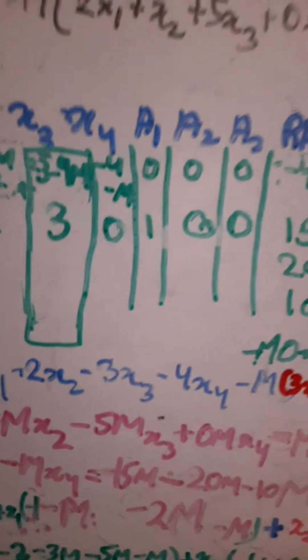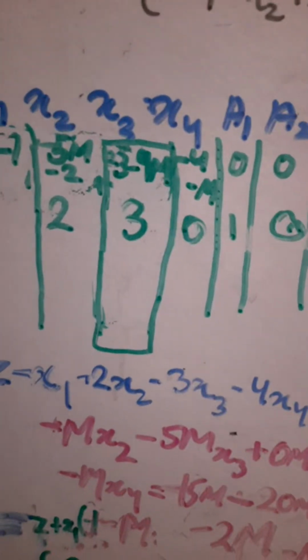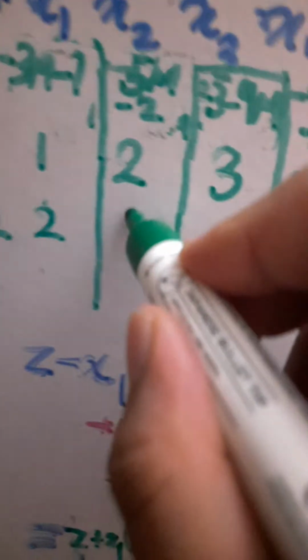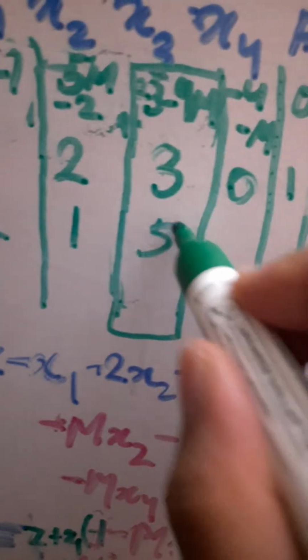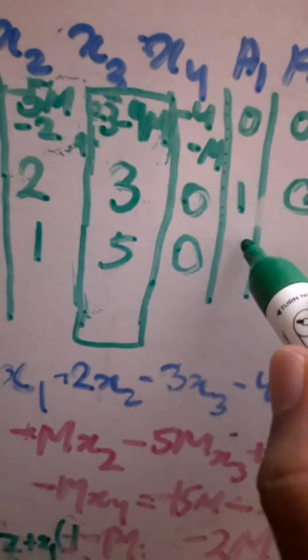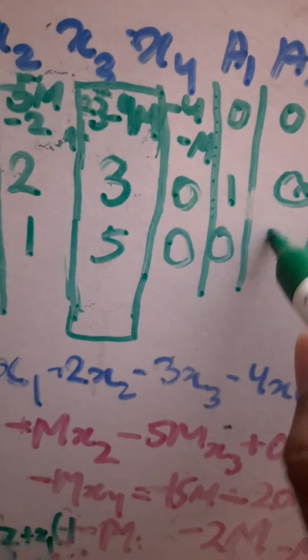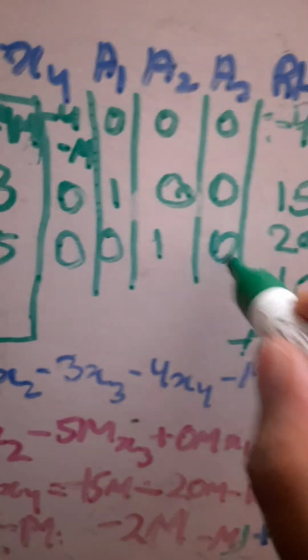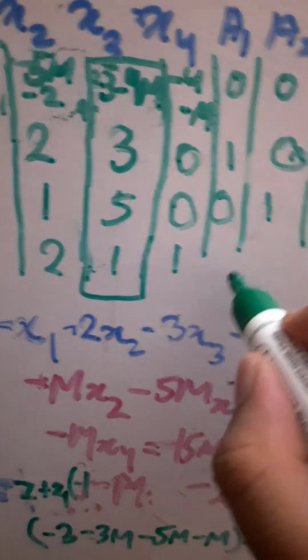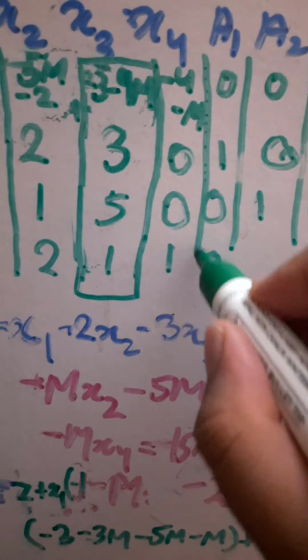Simple. Then there is, wait a second, let me see. 2x1, 1x2, 5x3, 0x4, 0a1, 1a2, 0a3 equal to 20. Then we have 1x1, 2x2, 1x3, 1x4, 0a1.